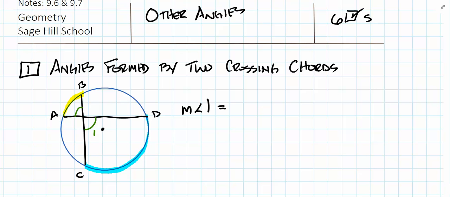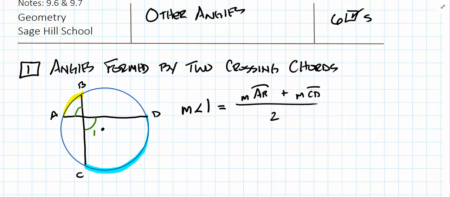We're going to say AB and CD, so the measure of angle 1 is equal to the measure of AB plus the measure of CD divided by 2. Okay? So that angle 1 right there, instead of being exactly equal to the arc itself, and instead of being half of it, it's the average of the two.